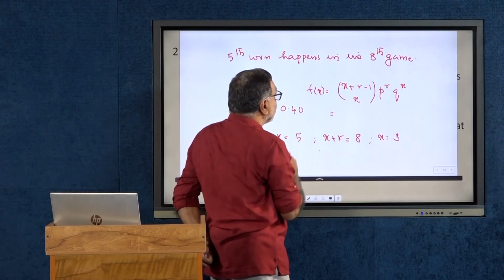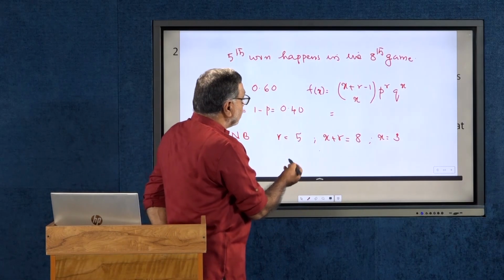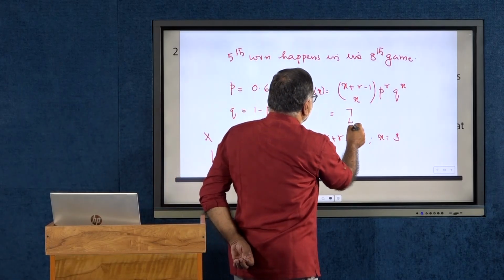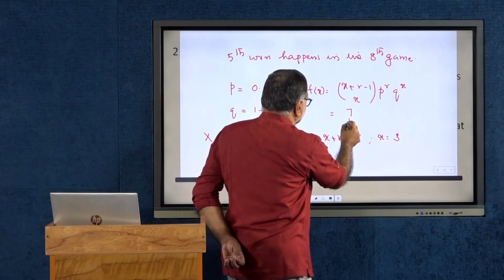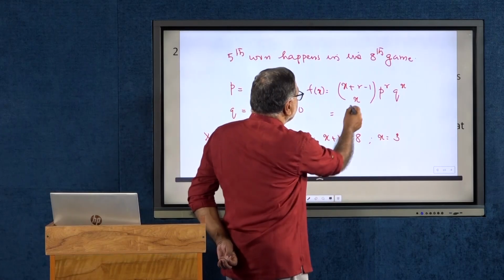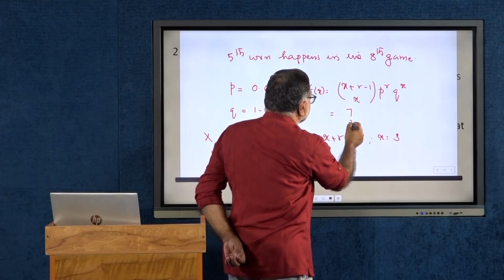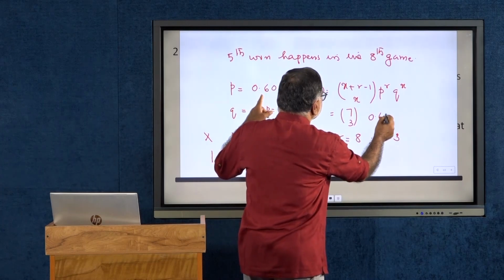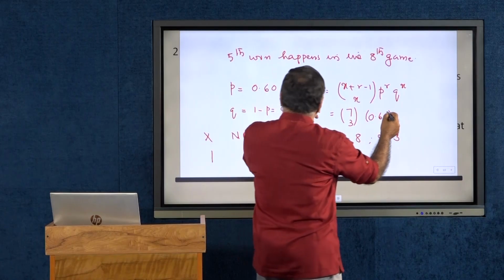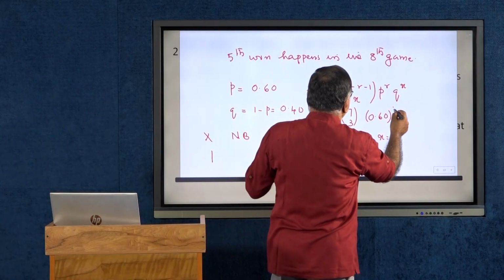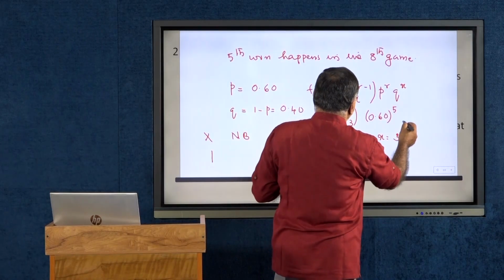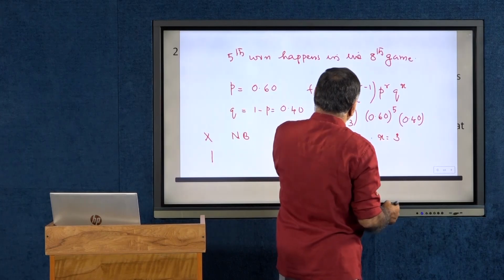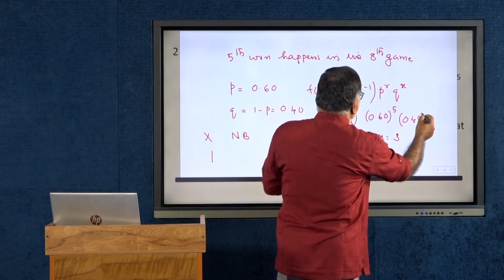If we are finding the f of x value, this is equal to x plus r minus 1, that is 7C x, x is 3 here, 7C3, P is 0.60 power r, the number of successes, that is 5, and Q is 0.40 power x, x is equal to 3.